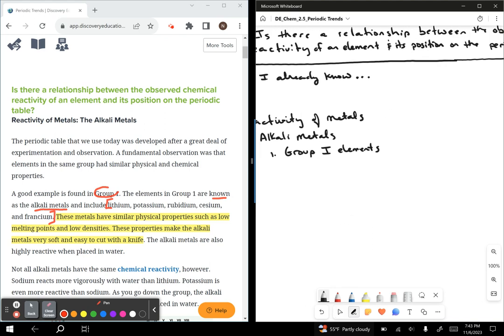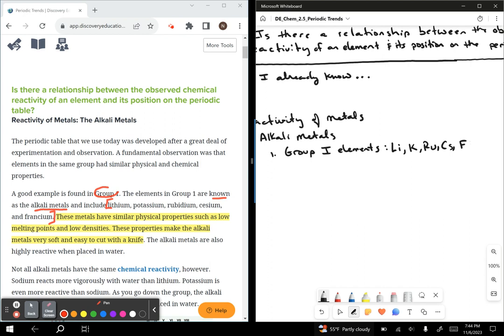So we could go ahead and just put down here, they're going to include things like lithium, potassium, which has the symbol K. They have rubidium, or I believe that would be Ru, cesium, Cs perhaps, and francium, F. Ooh, these can get a little challenging here.